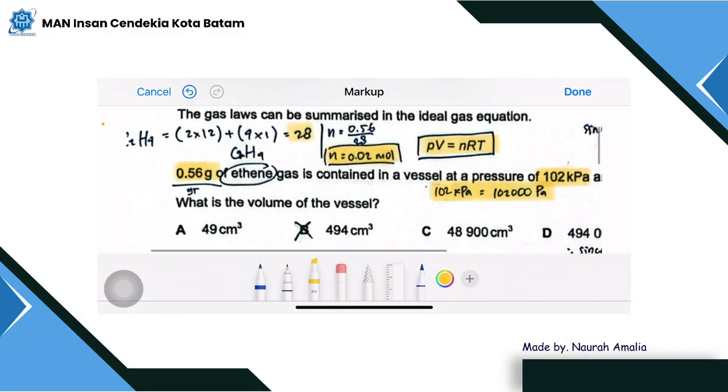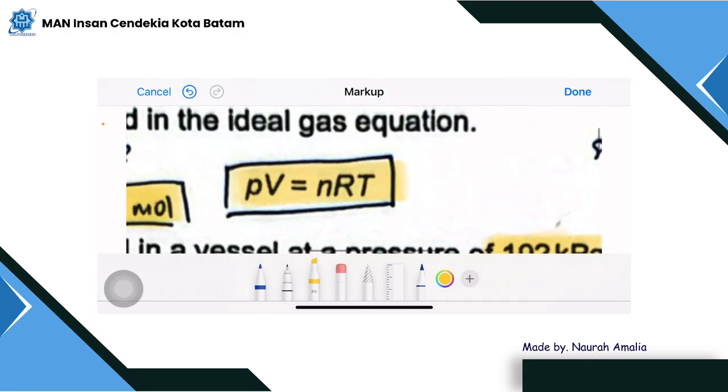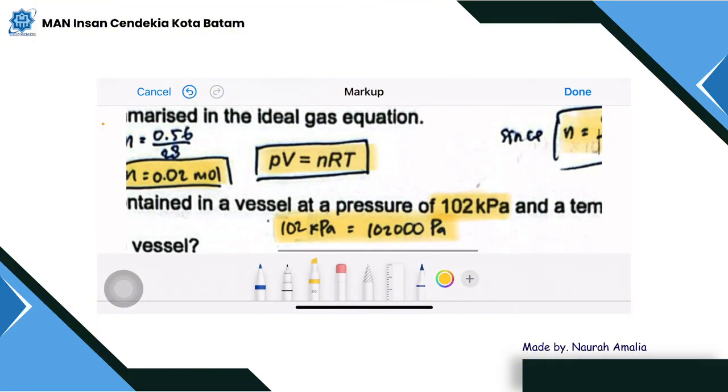The question needs us to determine the volume. So from the formula given, we move P to the right side, so in the end of the calculation, the result is for the volume.